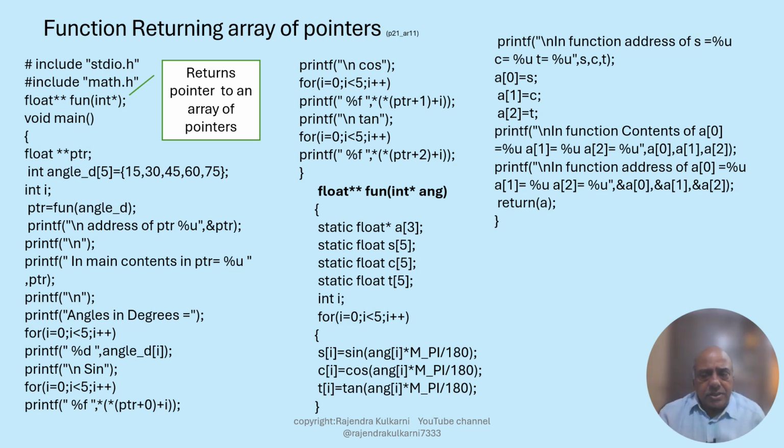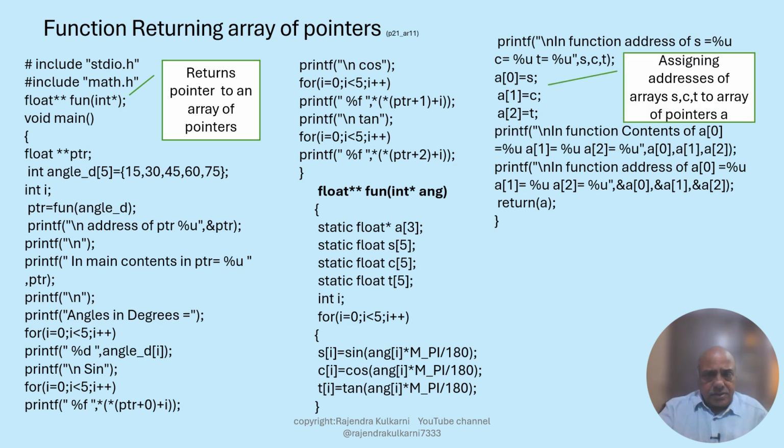So what we have achieved by doing this is we have returned 15 values from the function by simply using an array of pointers and sending the address of the array of pointers to the calling function.